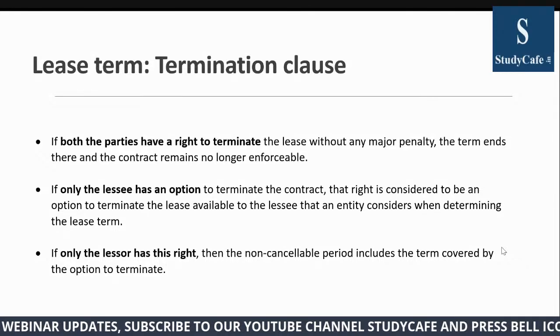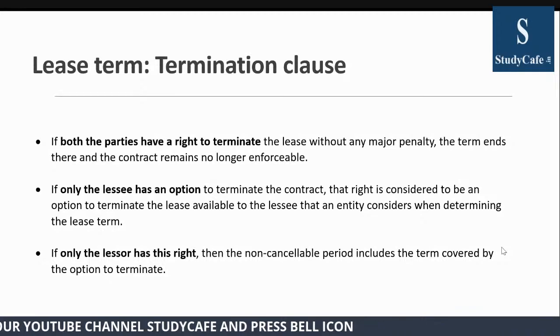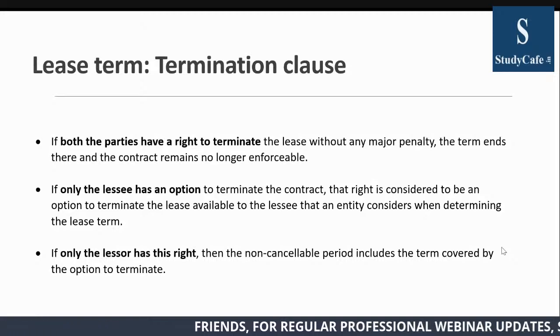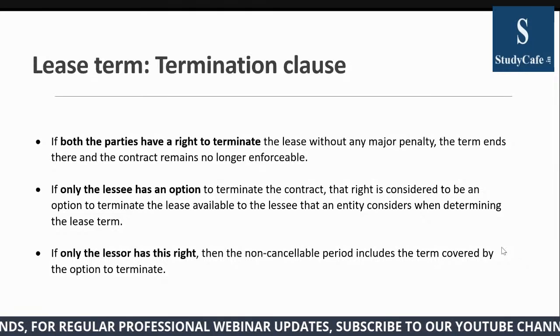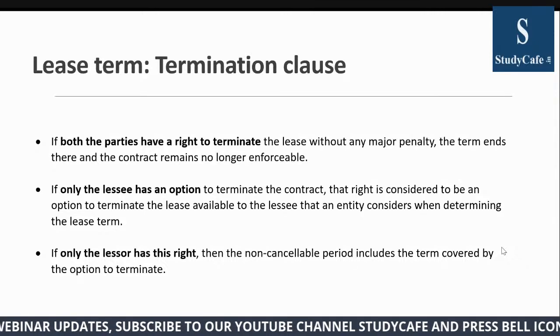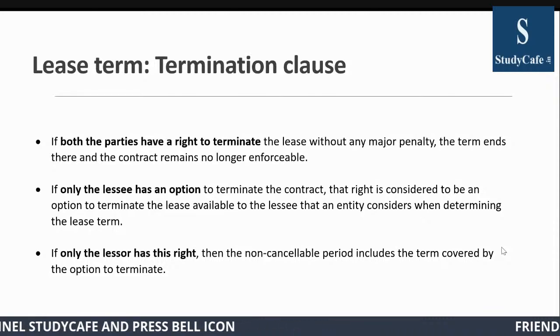Why? Because after a certain date, the date on which this right becomes exercisable, any of the party may terminate that lease and no party is liable to make any payment, right? There is no penalty attached. So after that particular date, the contract becomes cancelable and non-enforceable.